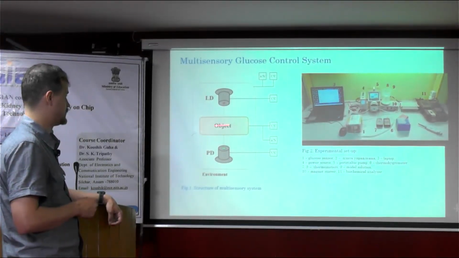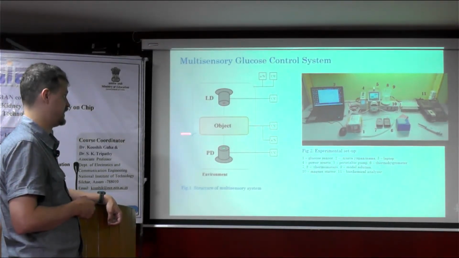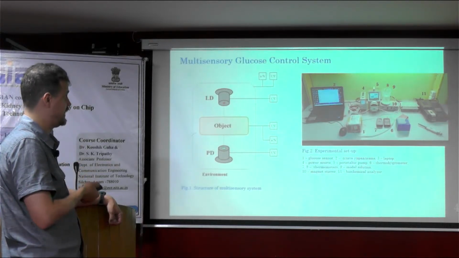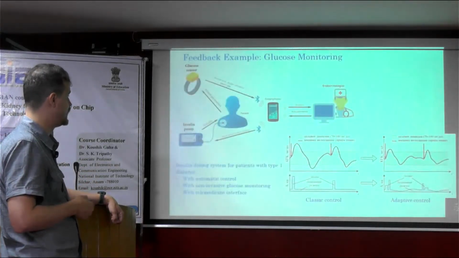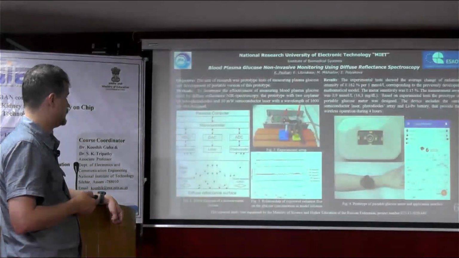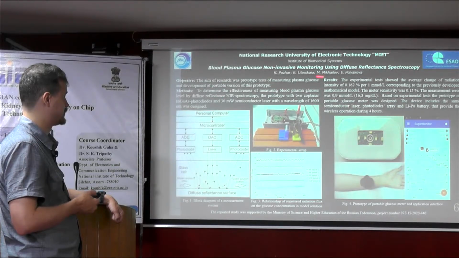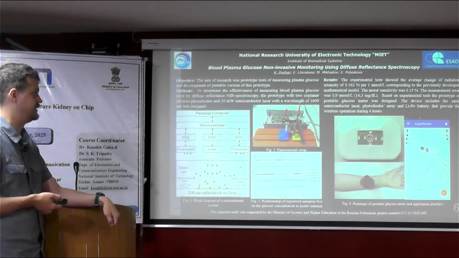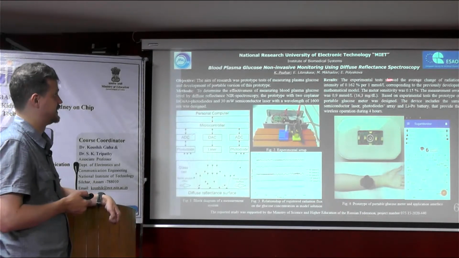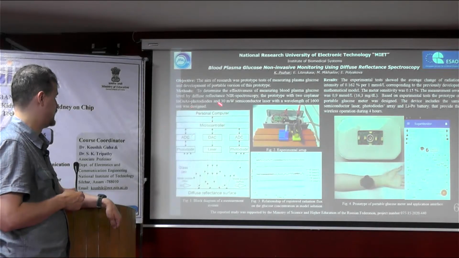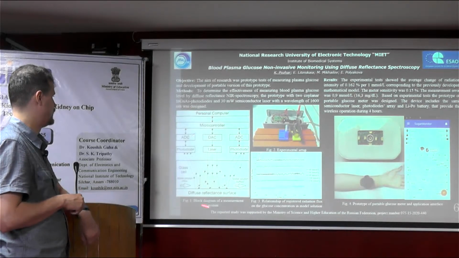And in terms of the biological object that we monitor, we have to observe the temperature and other parameters within the system. In this project, we made non-invasive monitoring of blood plasma glucose using diffuse reflectance spectroscopy. And basically, that's how this system operates.